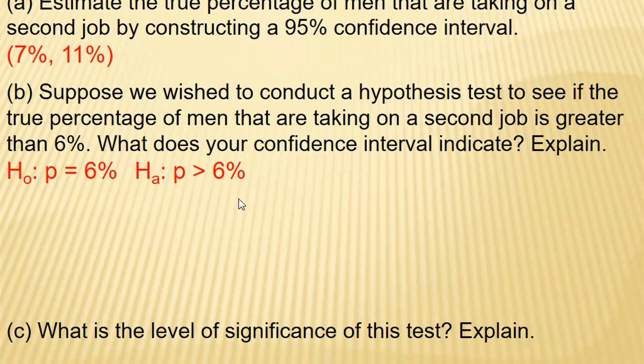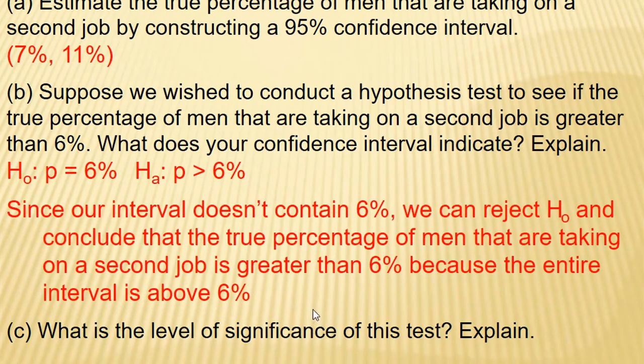Now you need to make your decision. So here's what you do. You look at your null hypothesis, and you look at your interval. Because the interval is all above the 6%, then we do have evidence that the true proportion of men who are taking a second job is more than 6%. We're like 95% sure. So you can read this and write it however you want with your own words.